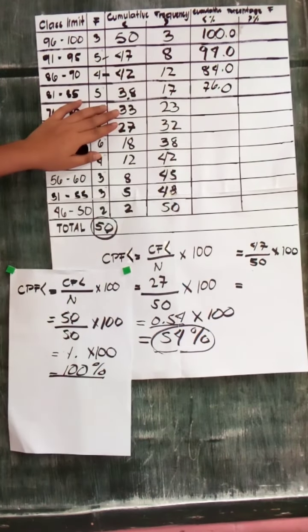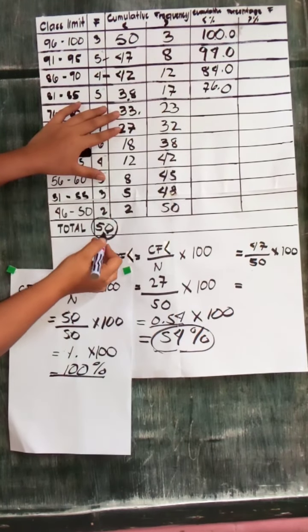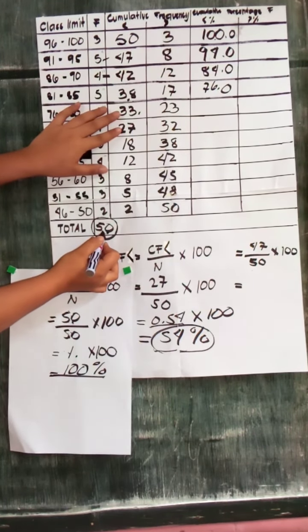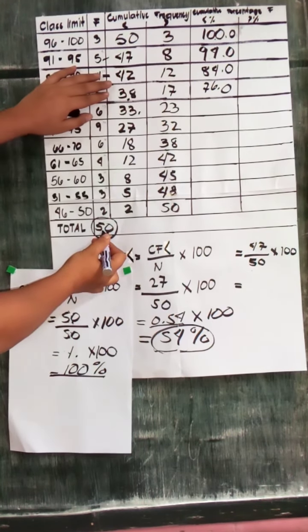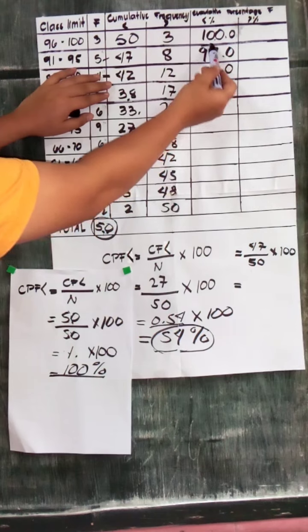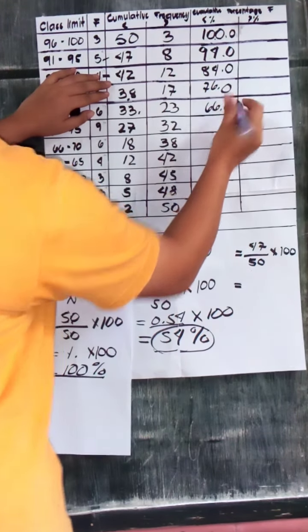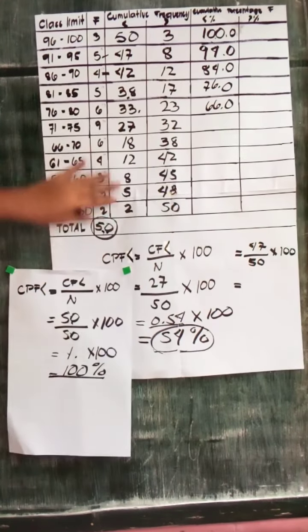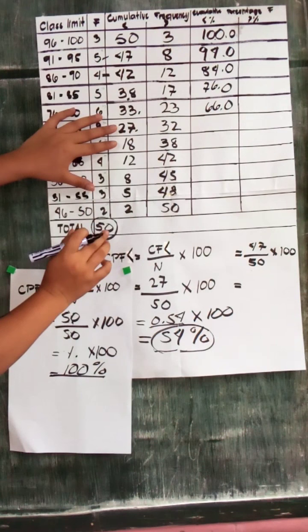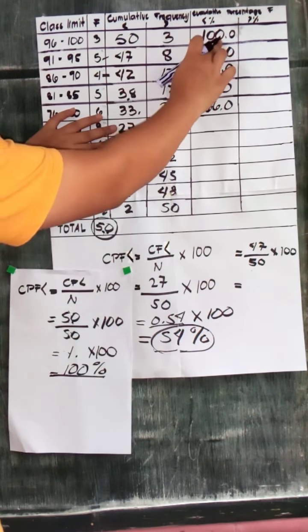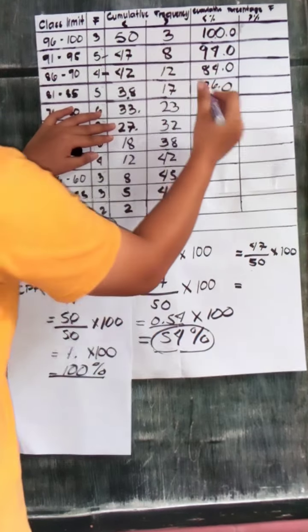And 33 divided by 50 is equal to 66%. And 27 divided by 50 times 100 is equal to 54.